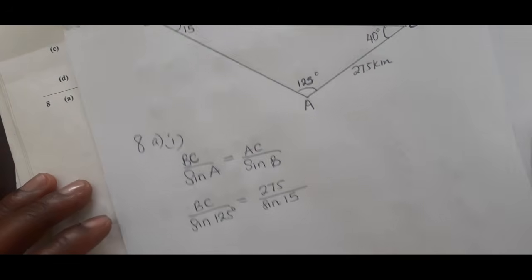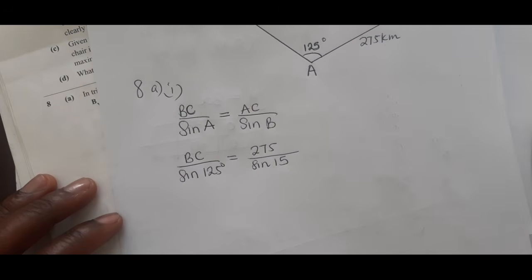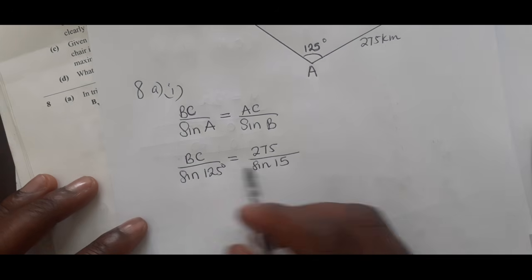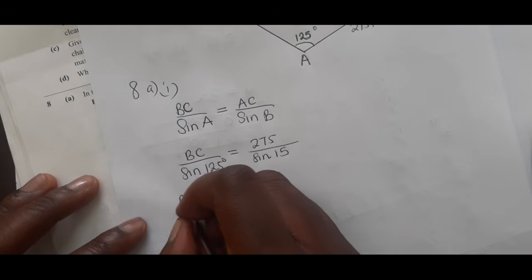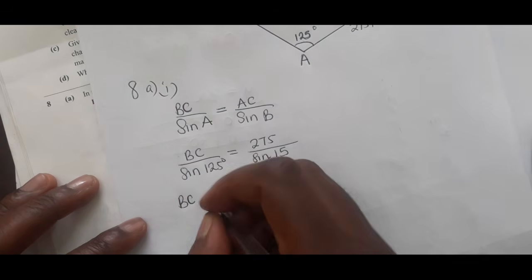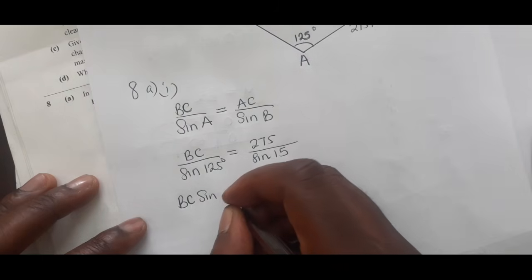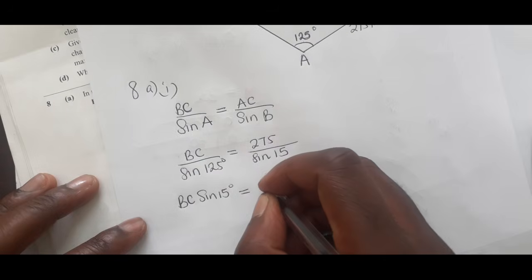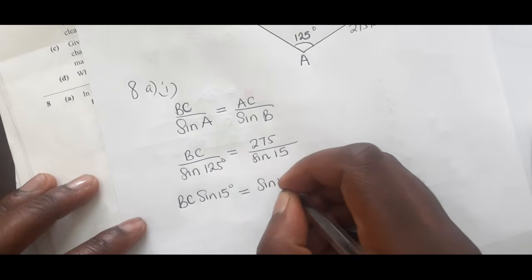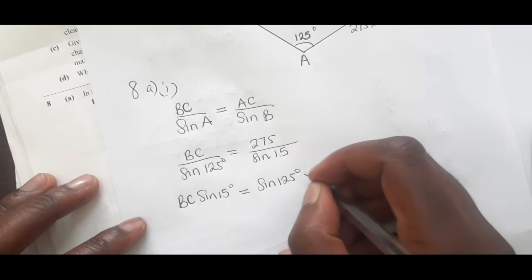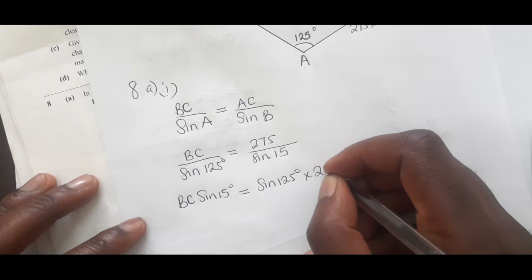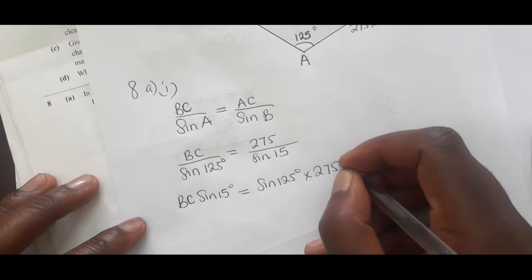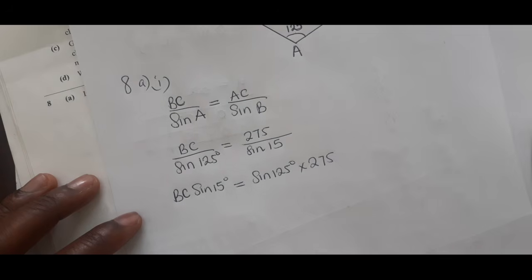Okay, so now look at this one. What are we supposed to do here? You'll discover that you need to cross multiply. When you cross multiply, you're going to have BC sine 15 degrees equals sine 125 degrees multiplied by 275 kilometers.